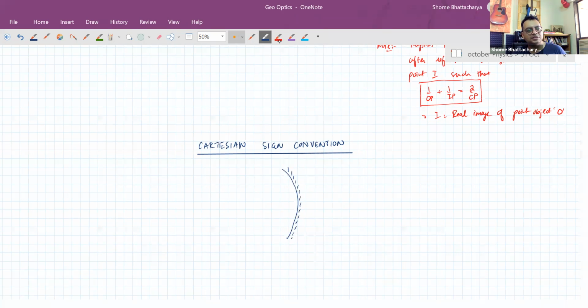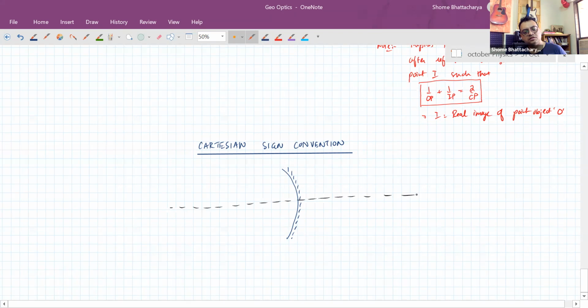Concave or convex mirror or lens, whichever be the case, we'll apply the same Cartesian sign convention. So if this is the pole, then any position to the left of the pole is written as a negative quantity, and any position to the right of the pole is written like a positive quantity.